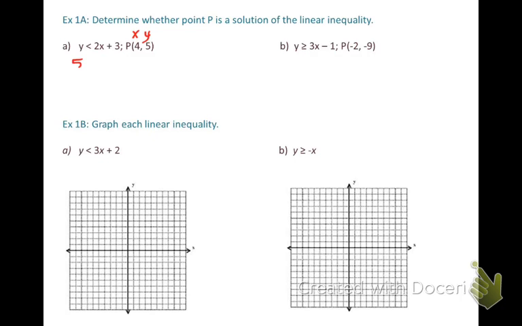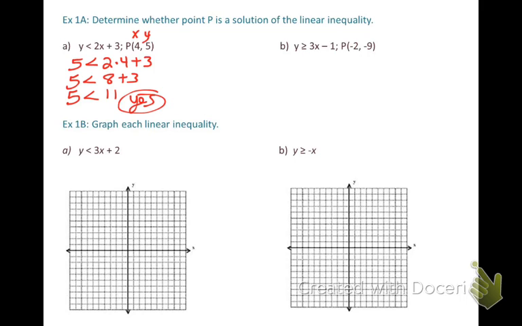So it's going to be 5 is less than 2 times 4 plus 3. So 5 is less than 8 plus 3. 5 is less than 11. Is that a true statement? Yes, it is. So that's all you're doing.